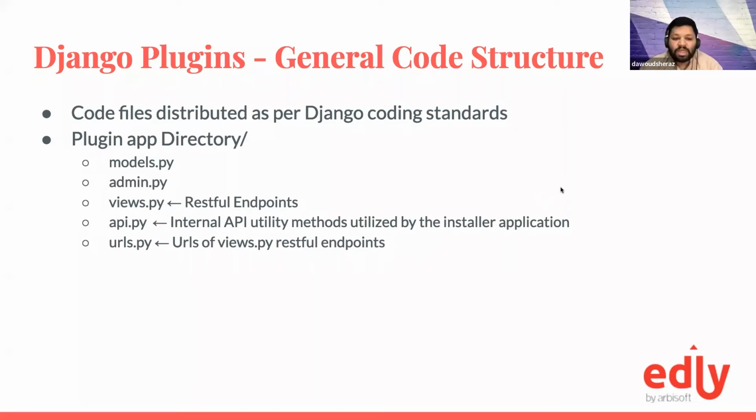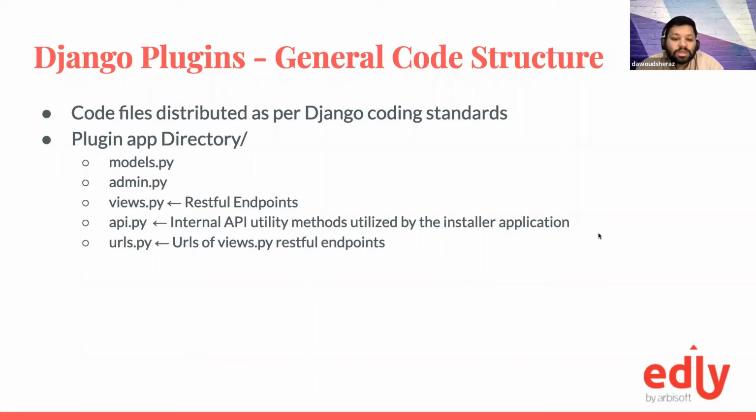It will contain the models, views, signals, tasks, etc. The important module here would be api.py, and it will contain external API utility methods that will be used by the platform to utilize the plugin. It will provide an abstraction of the plugin to the platform so that the platform will not have to worry how the plugin is doing certain things. It will just import the utility API method and call that.